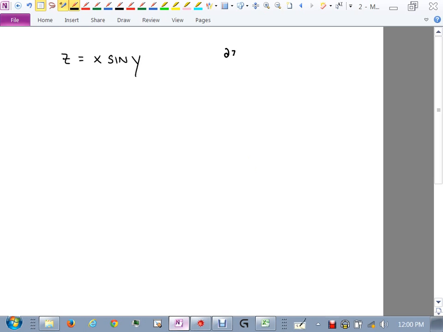I could do it, but it would have to be partial though, wouldn't it? Those two would make sense to us? Geometrically, this is a surface, and these partials are the slopes of those tangent lines. But I can only ask for one or the other. I can't ask for them both at the same time. I have to hold one variable constant and leave the other one free.